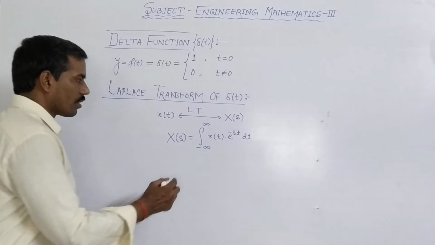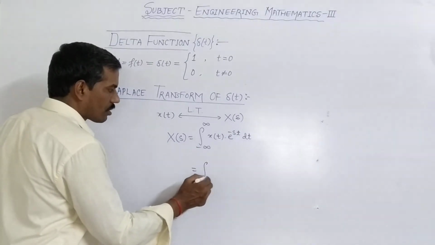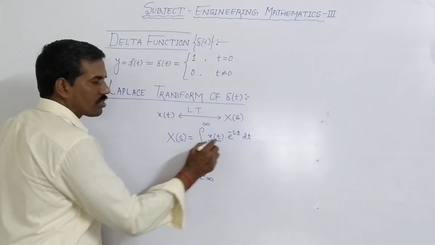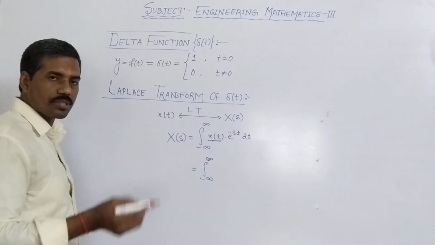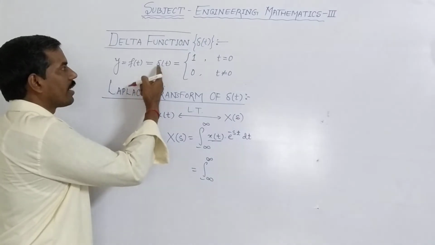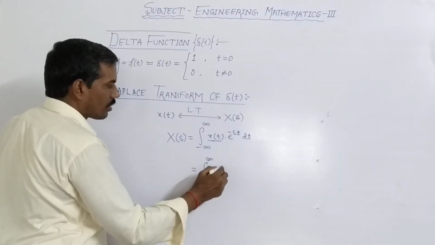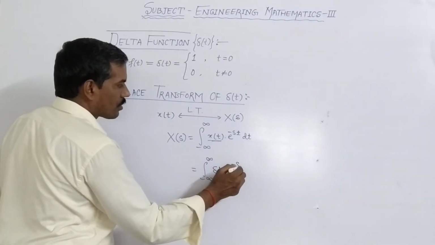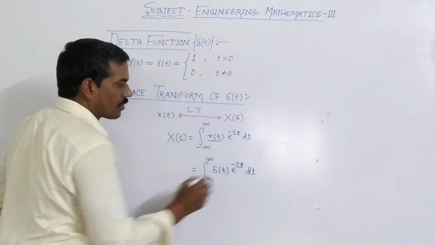This is equal to the integral from minus infinity to plus infinity. x(t) means input signal, input function. Here the input function is delta t, so put delta t e to the power minus st dt.